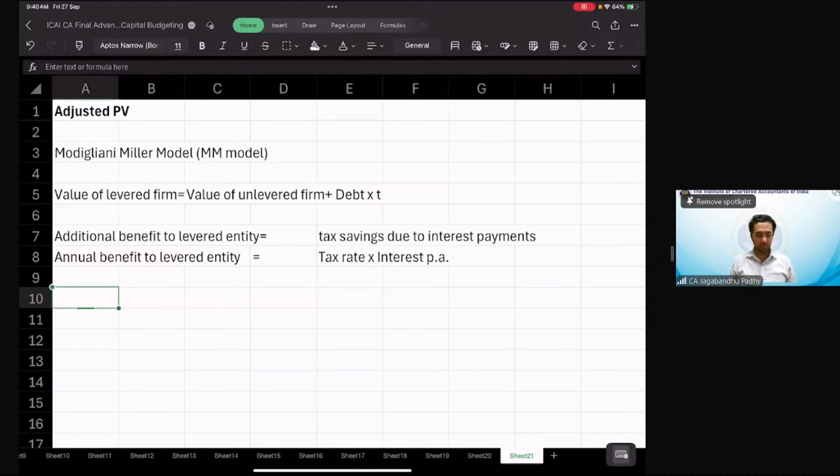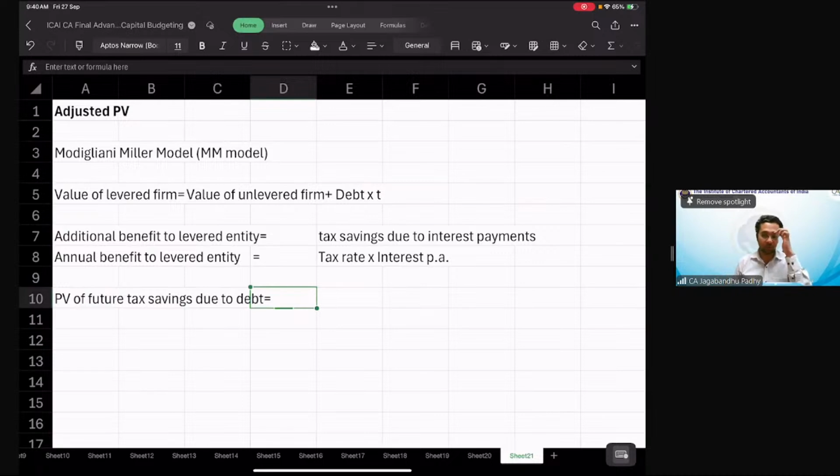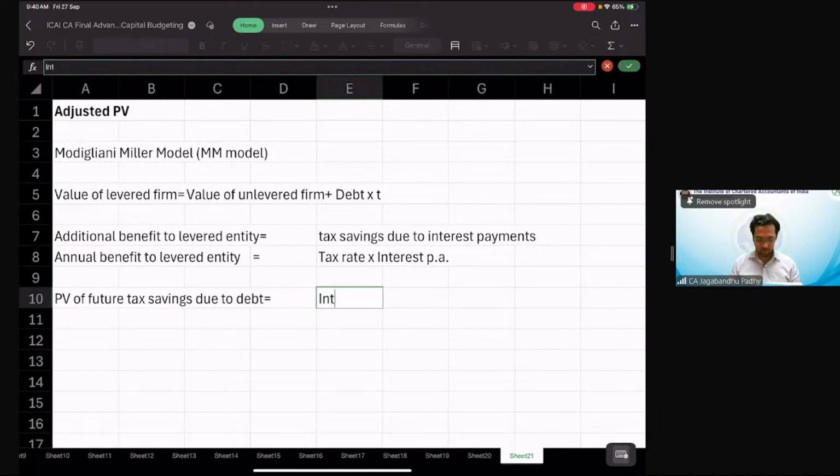Now, if I want to say present value of future tax savings due to debt, that will be simply interest multiplied by tax.